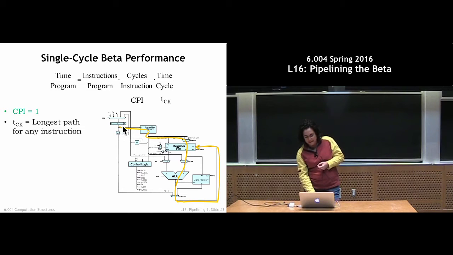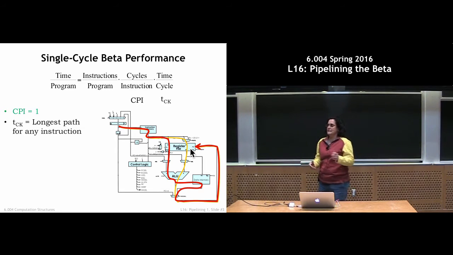The PC becomes the address for your instruction memory. We read from the instruction memory our actual instruction. Then we do some decoding and read from our register file the contents of the registers that we're trying to use as our operands. We then go through our ALU, perform whatever instruction we wanted to execute, and then we write our data back into our register file.